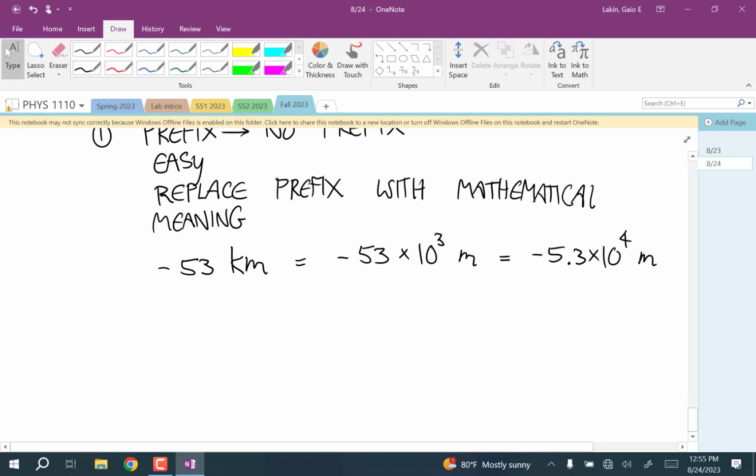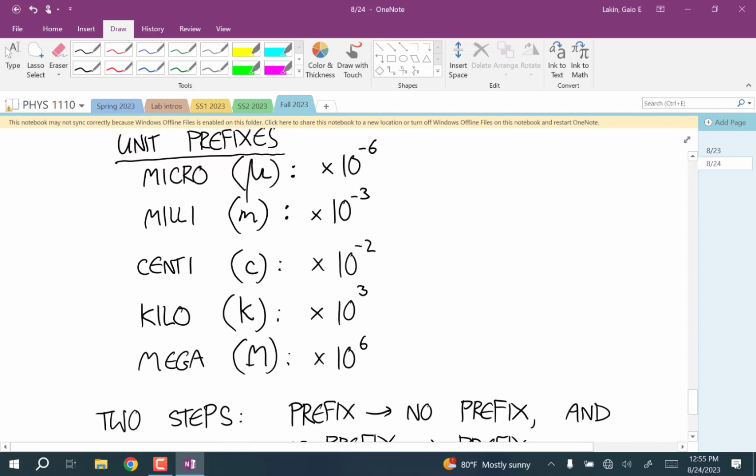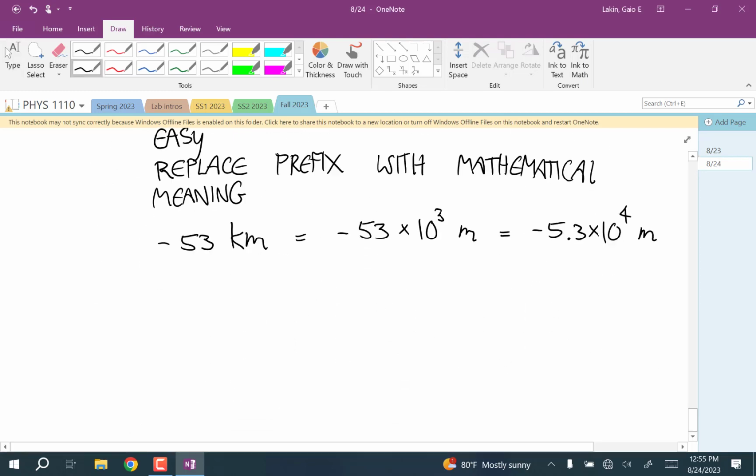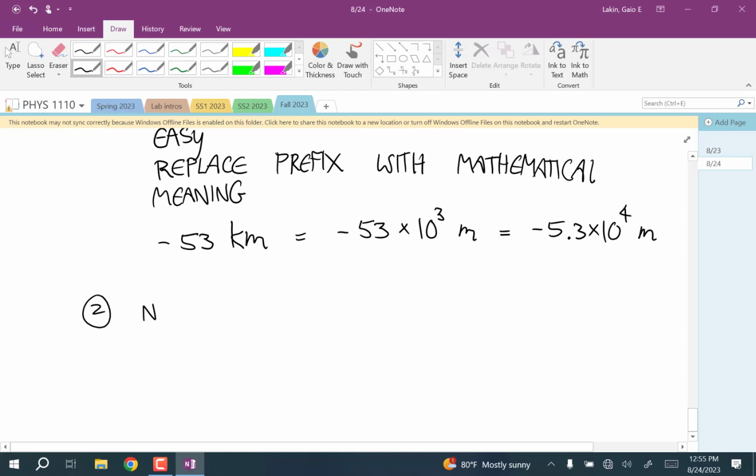The other direction you have to do as if it's a unit conversion. The second one is going from no prefix to a prefix, and this one you do as a unit conversion.